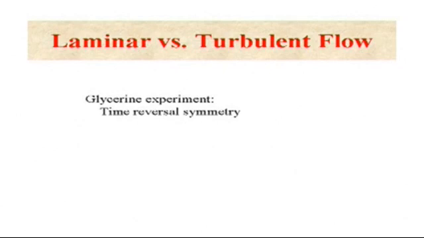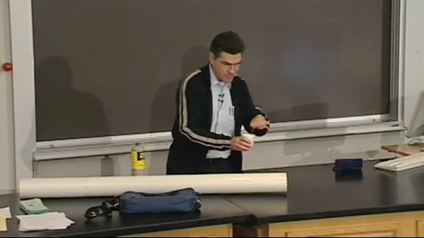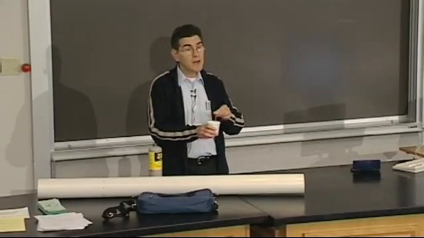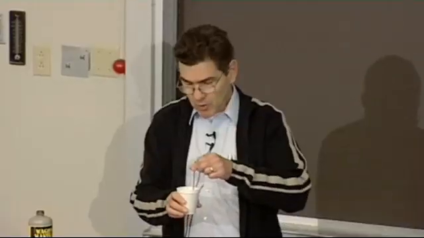Lord Kelvin thought very hard about turbulence, and he realized that turbulence does not have time reversal symmetry. That is, it cannot be run backward in time. Once you've stirred up a teacup in a turbulent fashion, you cannot unstir it. You certainly cannot unstir the sugar in a teacup. It's absolutely impossible.